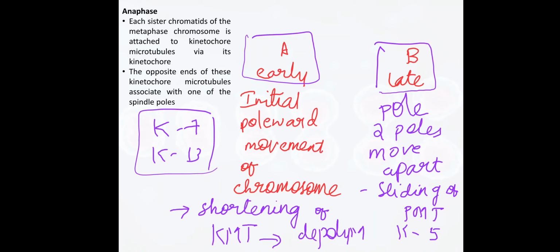The plus end directed kinesin 5 motor protein helps cross-link adjacent, overlapping, antiparallel microtubules and helps in sliding the microtubules past each other, thereby pushing the spindle poles apart. In addition to kinesin 5, there is also dynein motor that anchors astral microtubule plus ends to the cell cortex and pulls the poles apart.